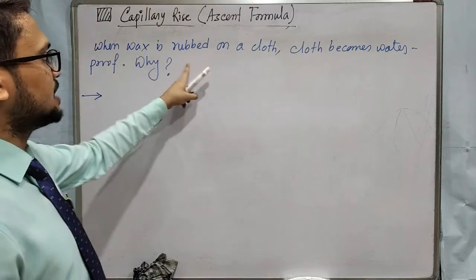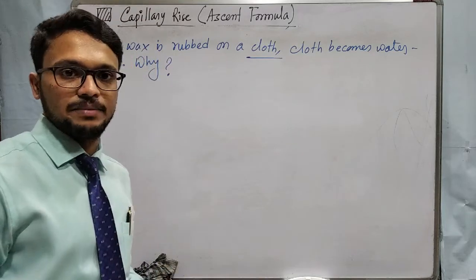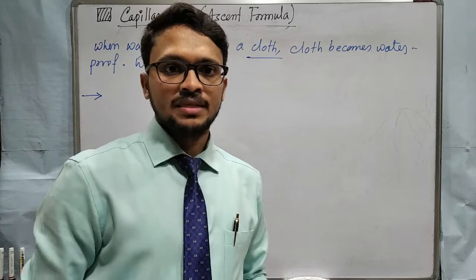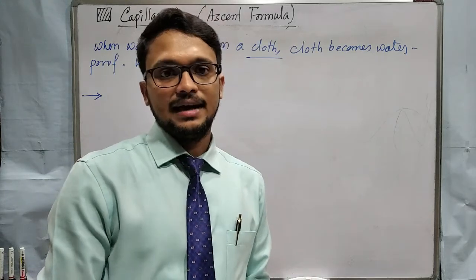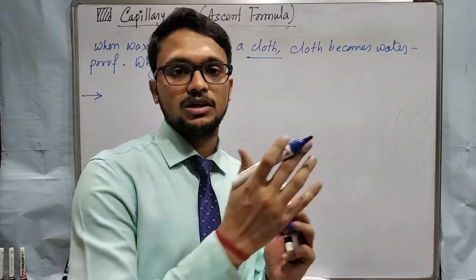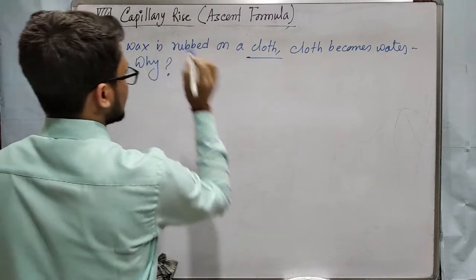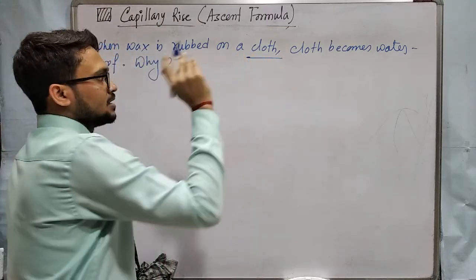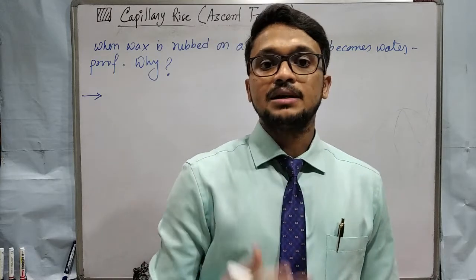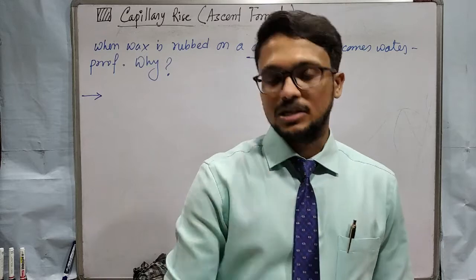So when the cloth is not rubbed with wax, then what will happen? Then water will wet the cloth. That means force of adhesion. Adhesion means attraction force between different molecules, so between molecules of cloth and water here. So when it is not rubbed with wax, the force of adhesion between cloth and water becomes greater than the force of cohesion between the water molecules.